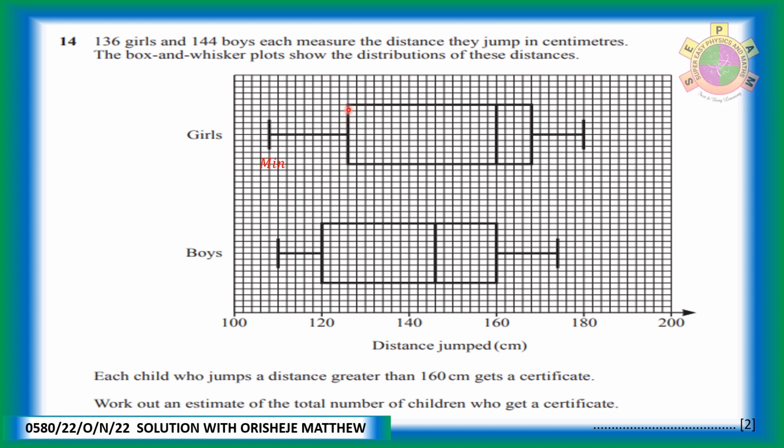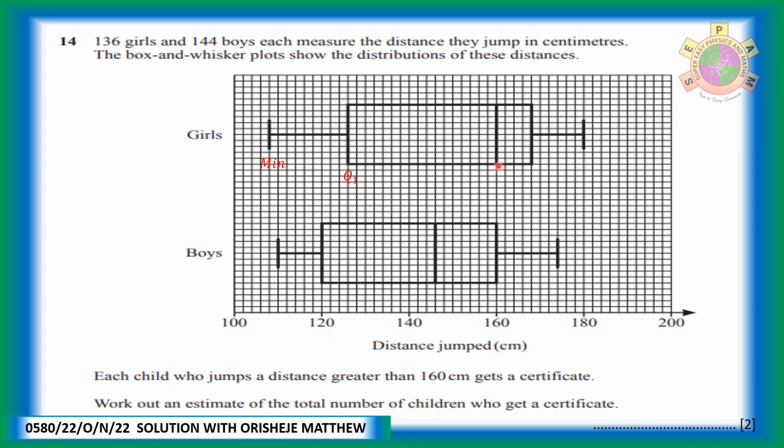Then this first line shows the lower quartile, that is the first 25% of the jumpers, the lowest jumps. So 25% of the 136 girls. This gives the value of their jump.